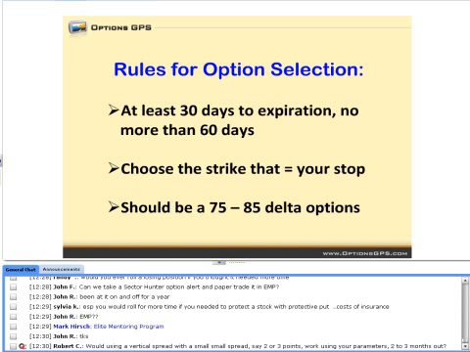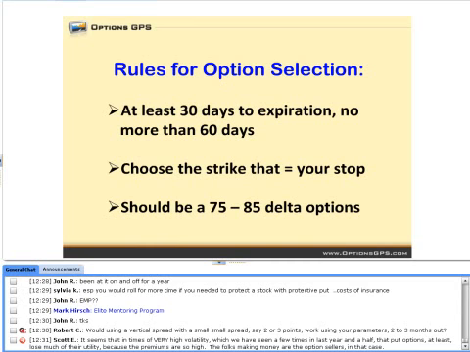Would using a vertical spread with a small spread, say 2 or 3 points, work using your parameters 2 to 3 months out? Robert, that is a difficult question to answer right off the bat, because if you're taking a spread, we know that the maximum value of any spread is going to be the difference between the strikes.